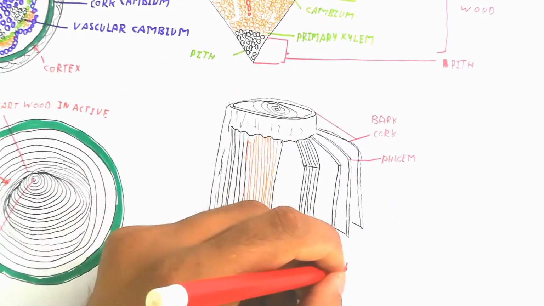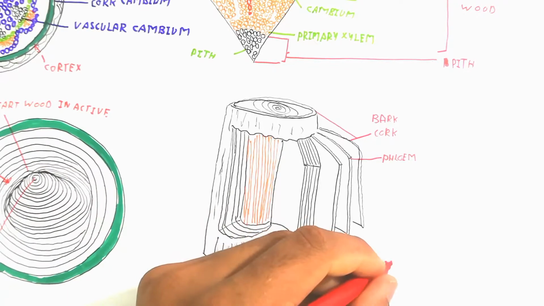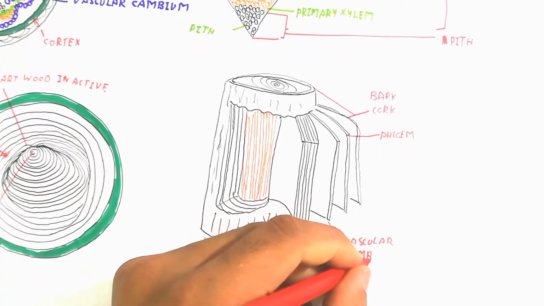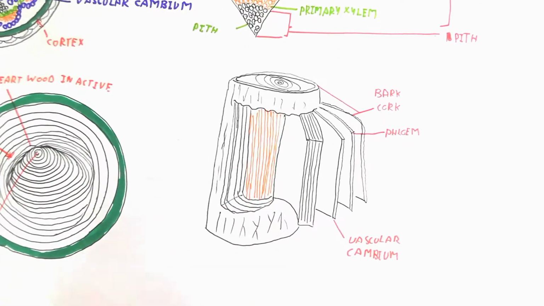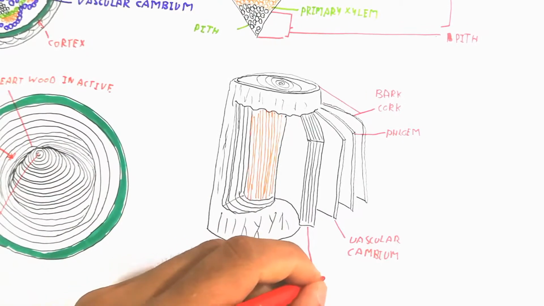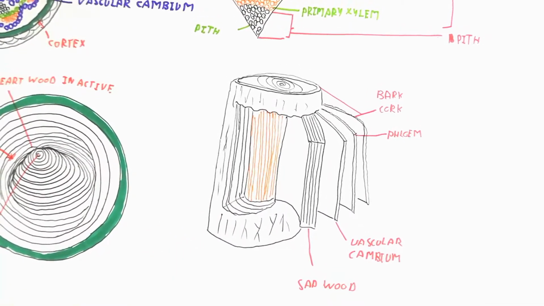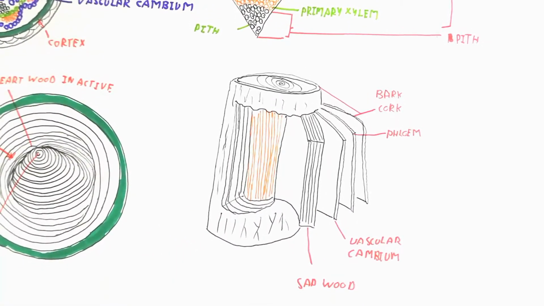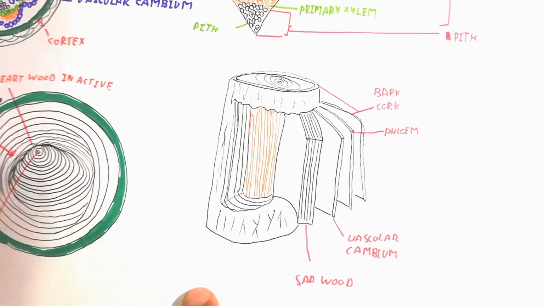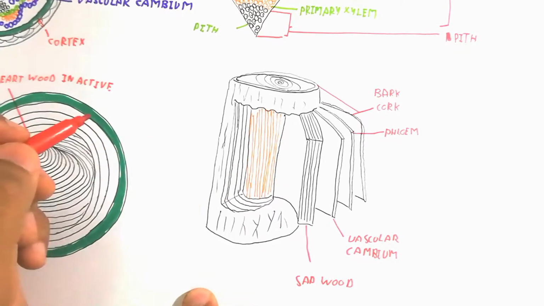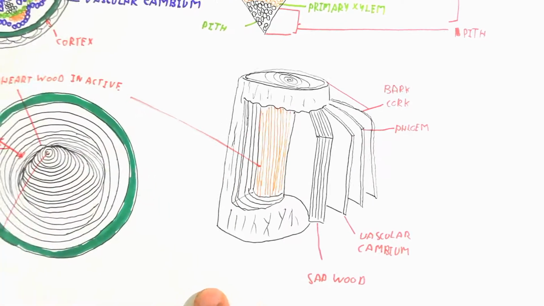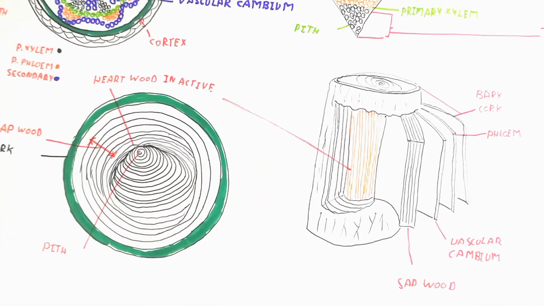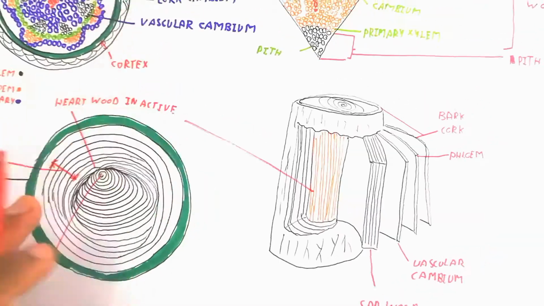Here is the bark or cork, and the phloem layer, and here is the vascular cambium, and here is the sapwood. So the vascular cambium is present between the phloem and sapwood. It means the sapwood is xylem, and that xylem is produced inside. The heartwood, inactive, is also made up of xylem.